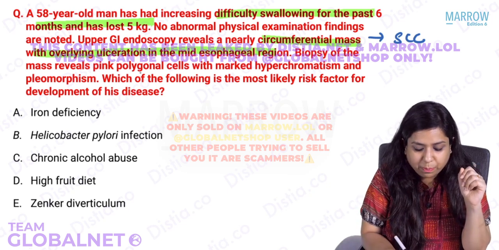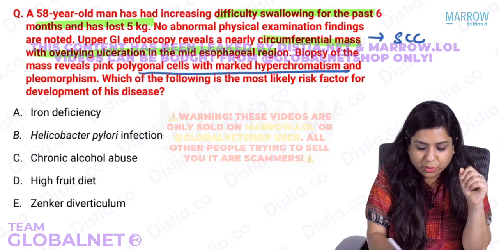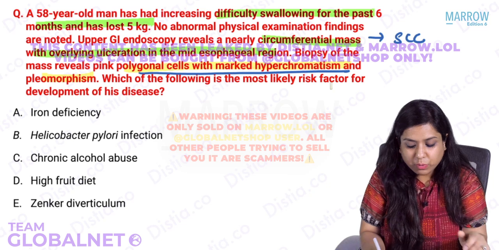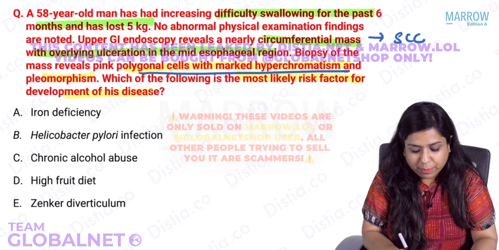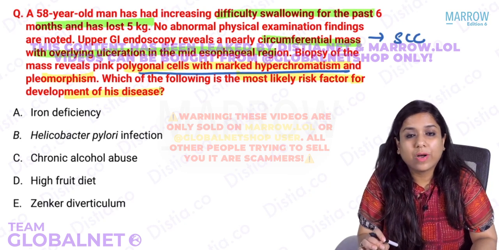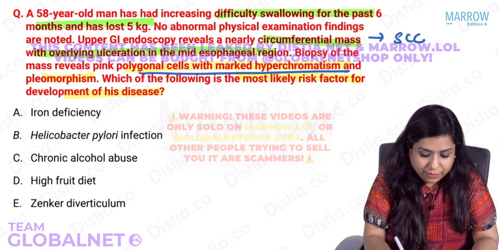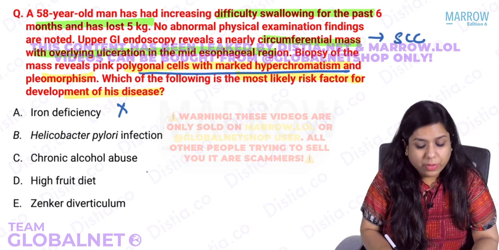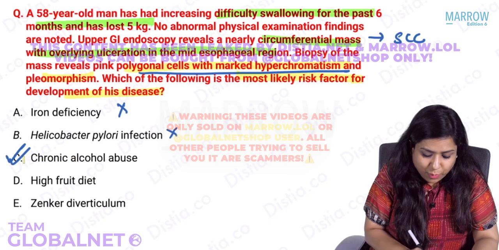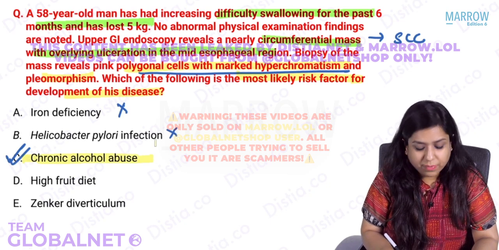Biopsy of the mass reveals pink polygonal cells with marked hyperchromatism and pleomorphism. Which of the following is the most likely risk factor for the development of this disease, right? So you have to tell us which is the risk factor for SCC. Iron deficiency, no. H. pylori infection, no. Chronic alcohol abuse, yes. I told you smoking and alcohol are very important risk factors.